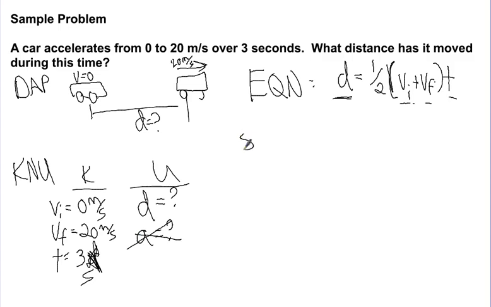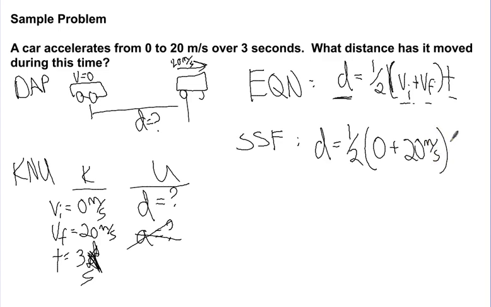Now I can solve symbolically first, which, since I was asked for distance and I have distance, I've already got that done, so I can plug in numbers. Distance equals 1/2. VI is 0. VF is 20 meters per second. And t is 3 seconds.